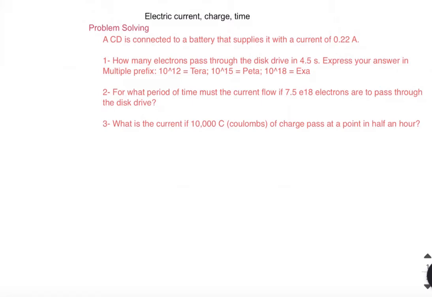And since Q is the number of electrons multiplied by the charge of an electron, you can write it this way. Replacing all the given data, the number is 7.5 × 10^18, the charge of an electron is 1.6 × 10^-19, and we divide all of this by 0.22.